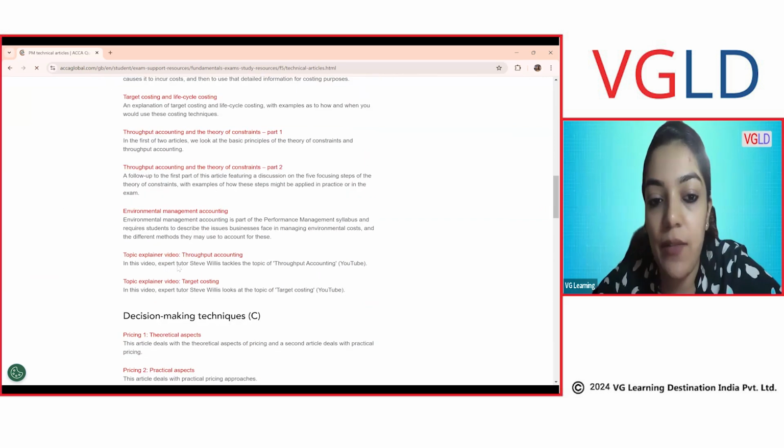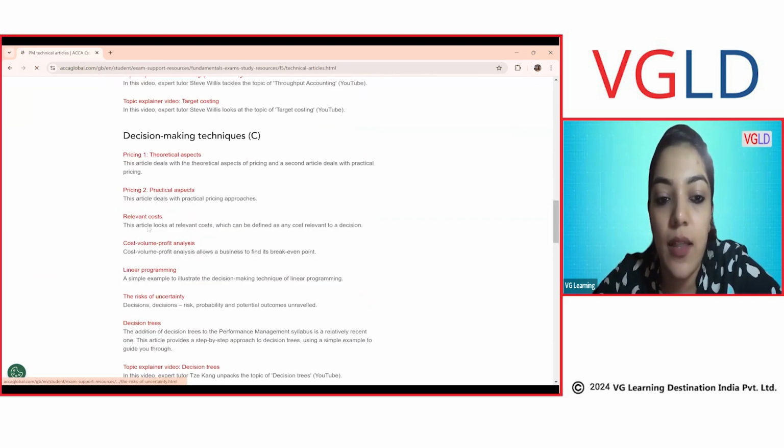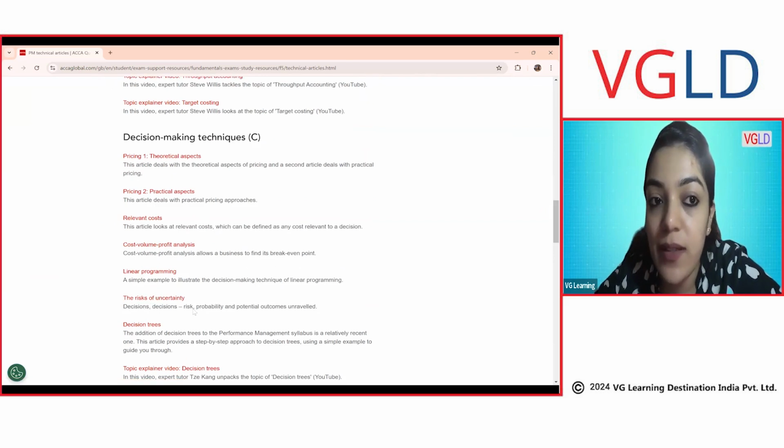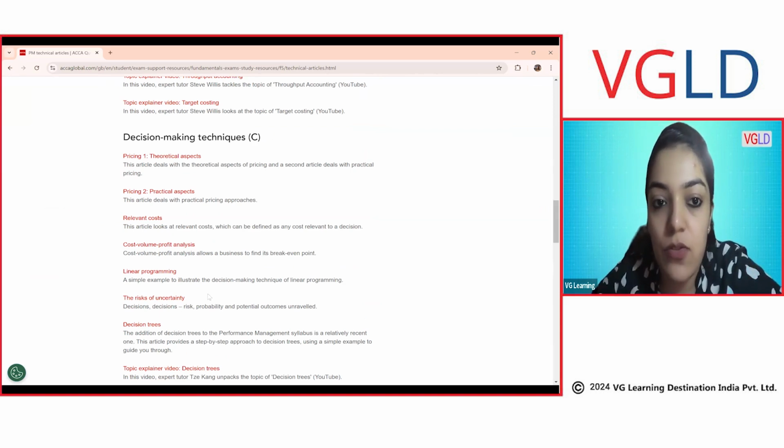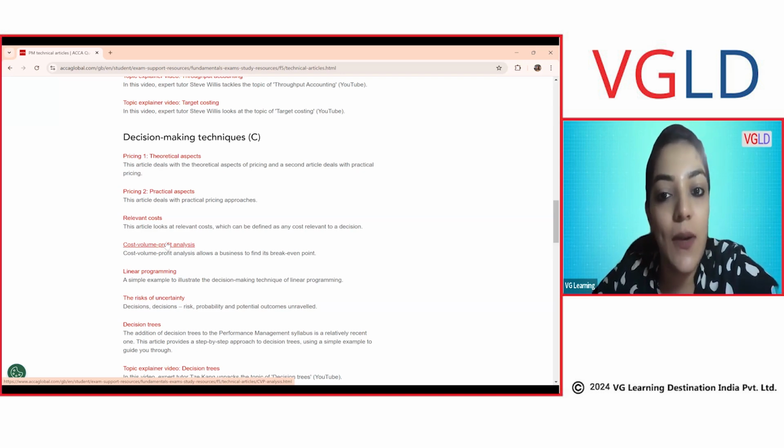All of these which you're seeing here: environmental management accounting, then relevant cost, pricing, CVP analysis, linear programming, risk of uncertainty, all of them are topics in your syllabus. So if you want to read about any particular article topic in detail, you can refer to these articles. Rest assured, everything is going to get covered in the class, whatever is needed from exam point of view.